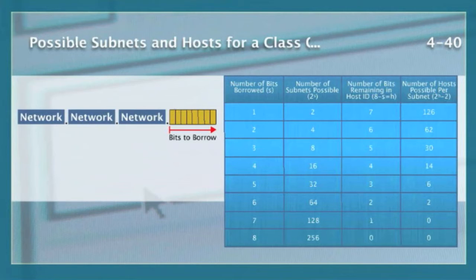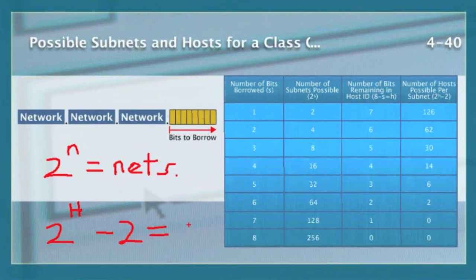Well, to figure out how many networks you can create, you do 2 raised to the n power, where n stands for network bits, and that's how many networks you can create. Okay, 2 raised to the n power. To see how many hosts you can have on one of those networks, I do 2 raised to the h, and then you have to subtract 2 from that, and that is your hosts.